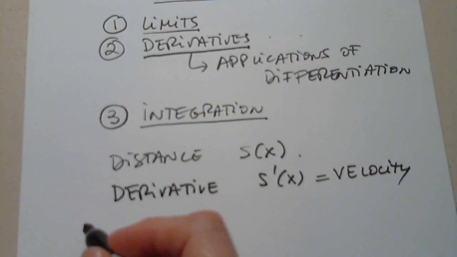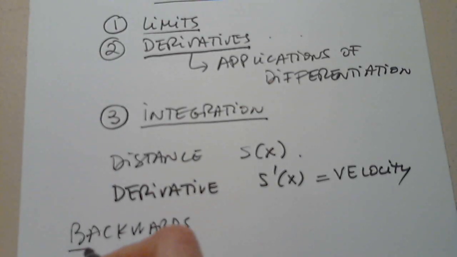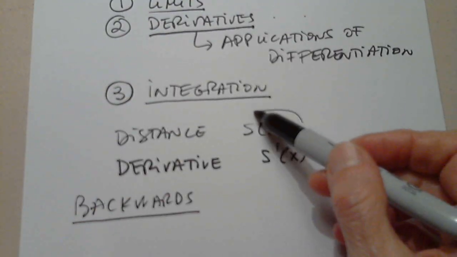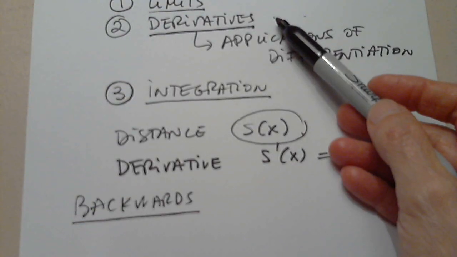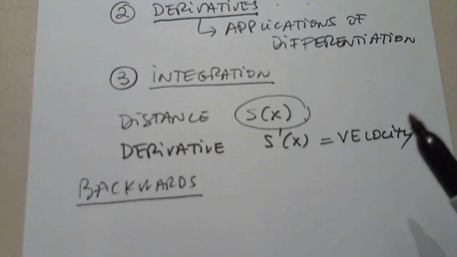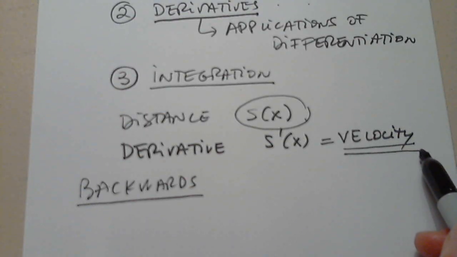Now we want to go backwards. So when we were given the distance function in the previous chapters, we found the derivative of the distance function because we created a new function. We wanted to look at a new function, which was the velocity function.